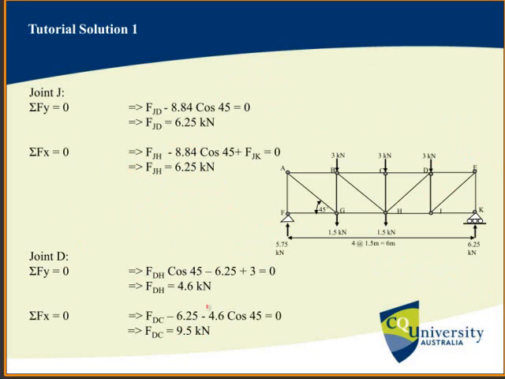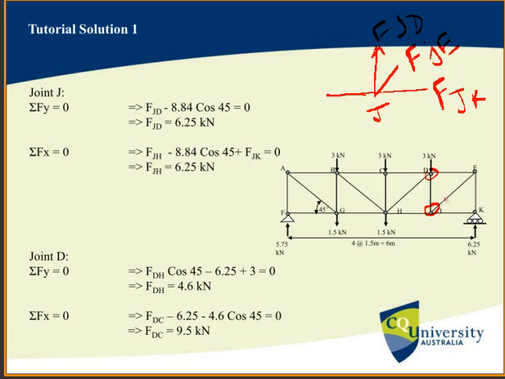In our next step, we have to consider joint J and joint D. In case of joint J, the free body diagram will be this point is J, this is for FJK, this is for FJE, FJD, and this is horizontal force for FJH.